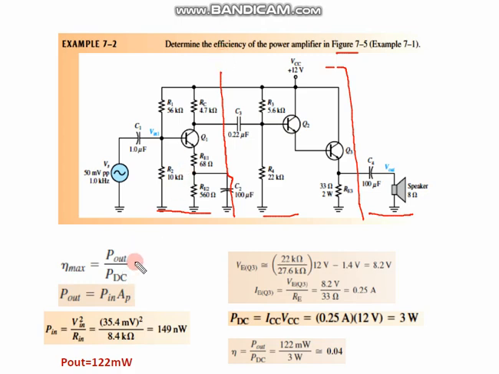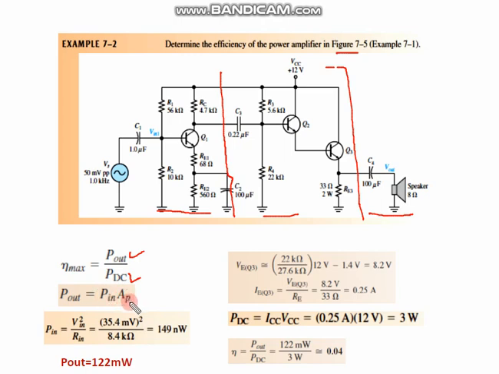Straight away, efficiency by definition is P out divided by PDC. Now I can go on to calculate P out. I can say P out is VC times IC, and I can put in the values.